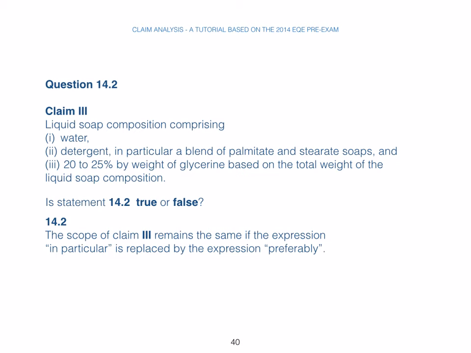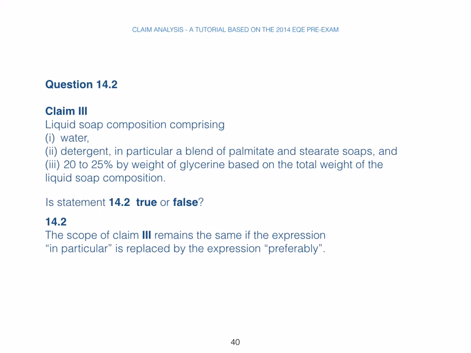14.2. Here the statement that we have to ascertain is that the scope of claim 3 remains the same if the expression "in particular" is replaced by the expression "preferably". So here we're talking about a possible modification of the claim, and we're asked whether the modification will change the scope of the claim or not.